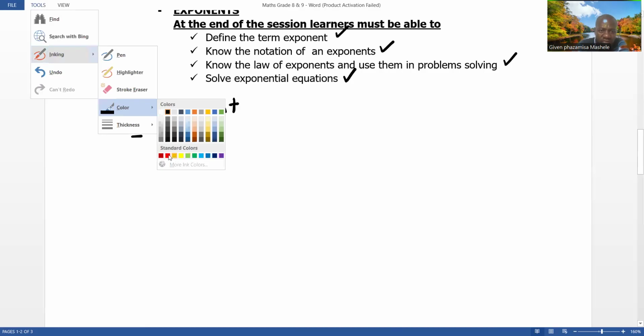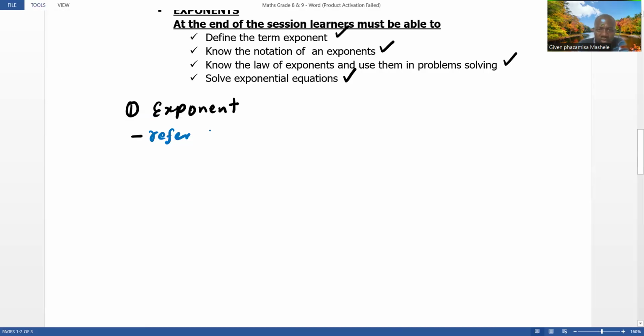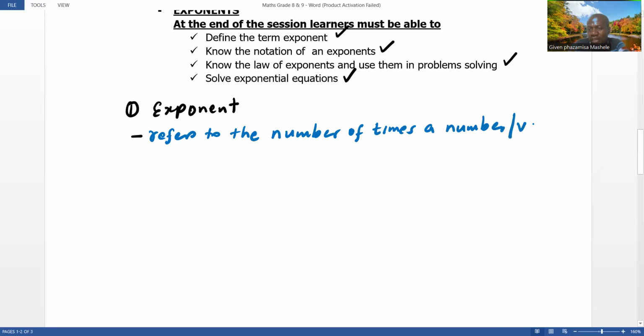An exponent refers to the number of times, how many times, a number or a variable is multiplied by itself. It can be a number or it can be a variable.